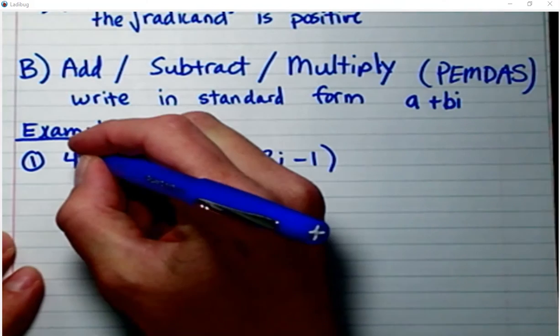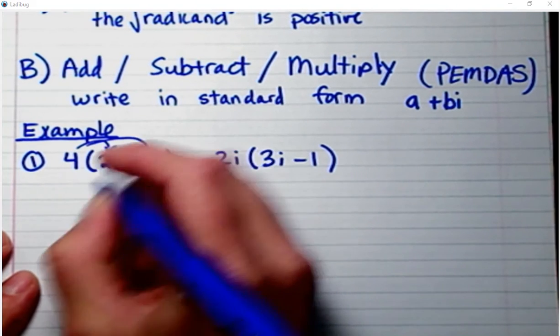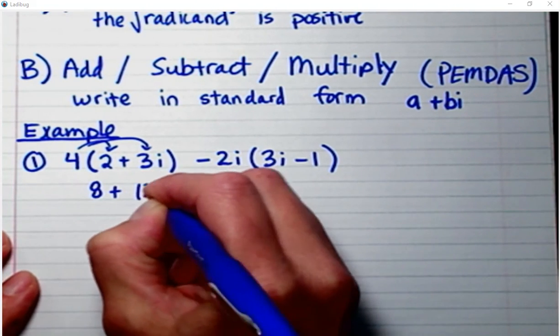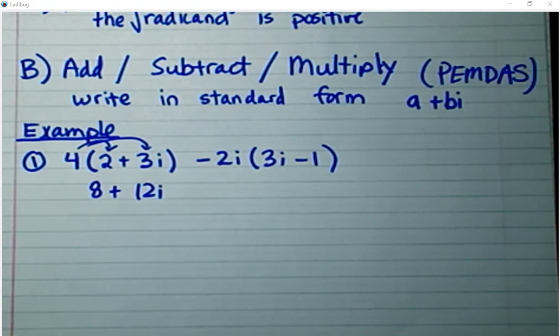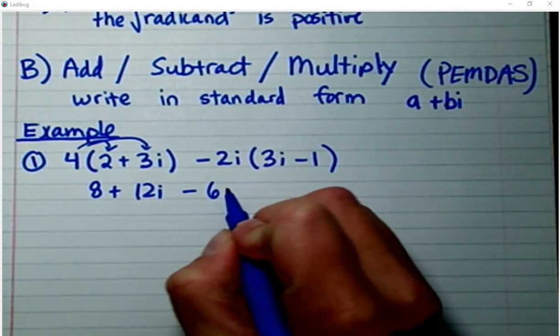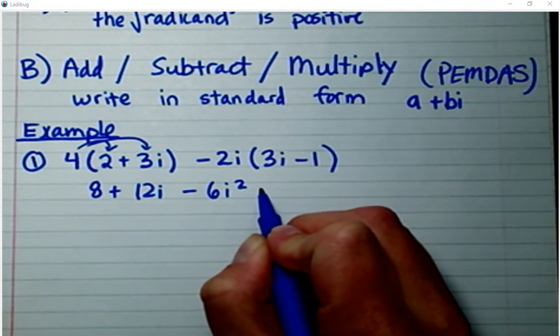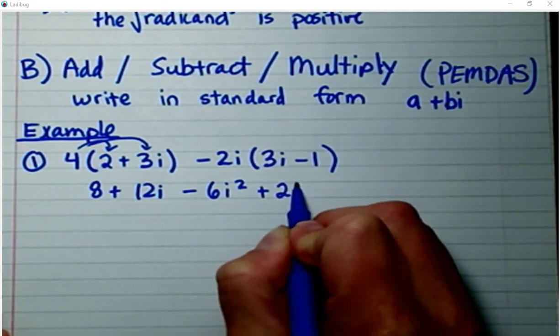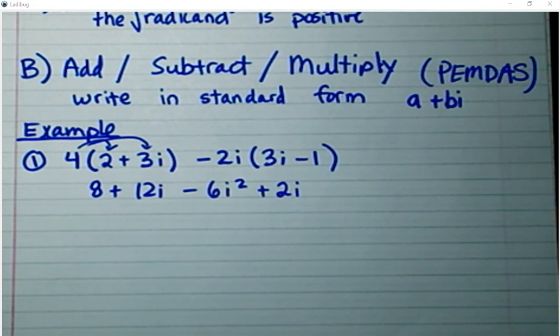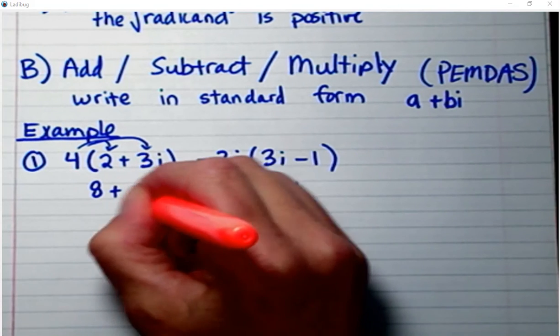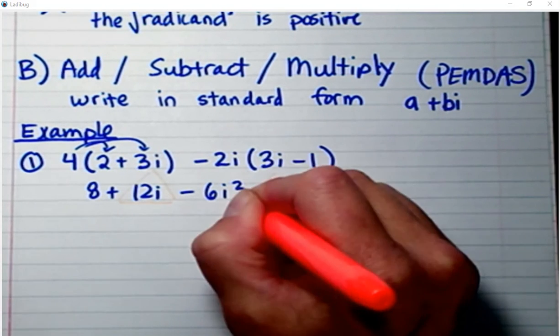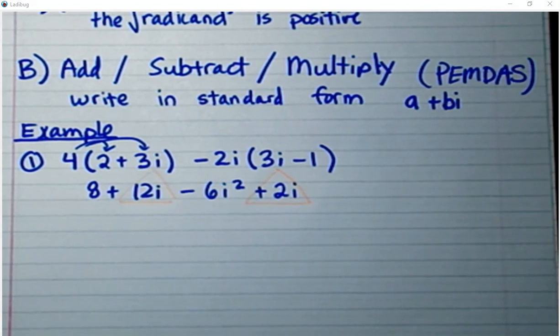All right, so here we go. Let's distribute. 8 plus 12i, minus 6i squared, plus 2i. It's just like x. Okay, so I do see my like terms, and I am not above boxing, triangling up my like terms.